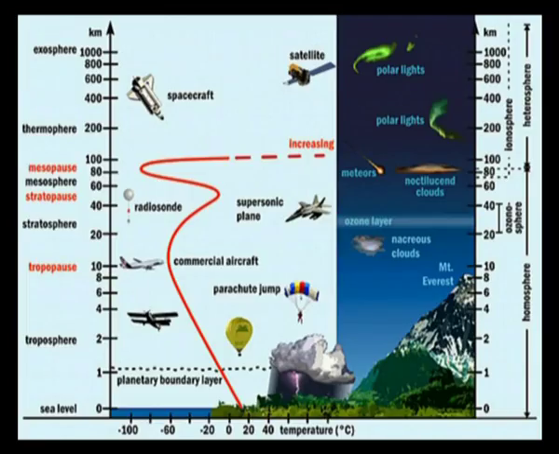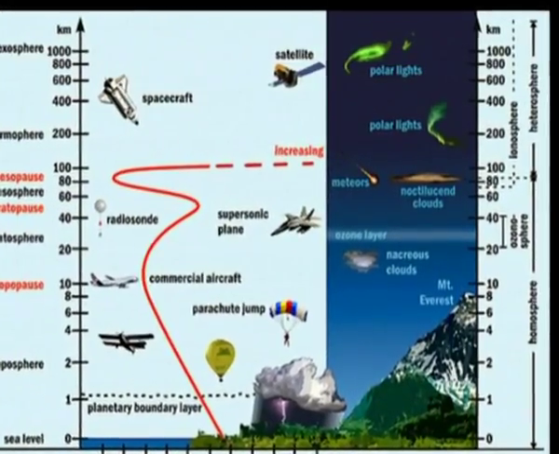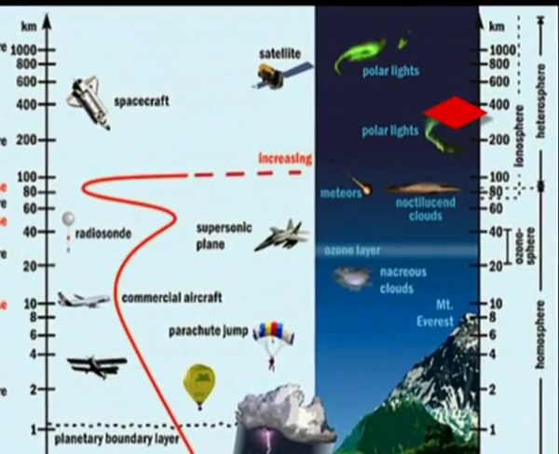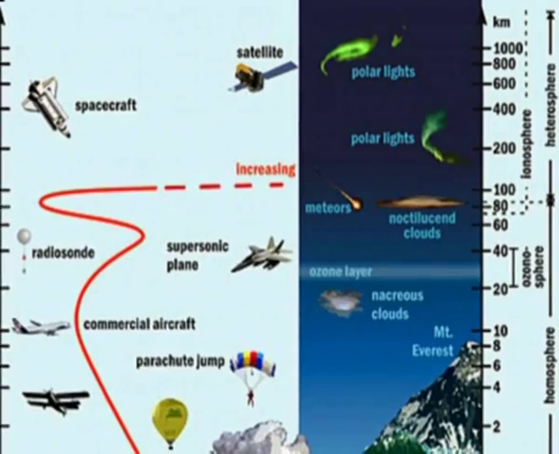Ionosphere. Solar radiation causes ionization of the molecules in a region of the atmosphere that extends from about 50 kilometers up to about 1100 kilometers above the Earth.